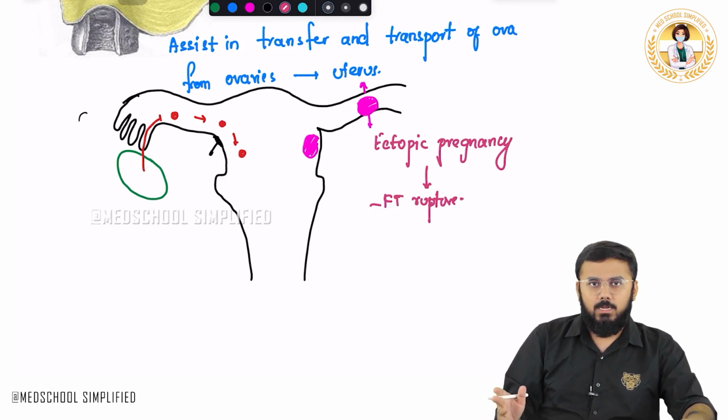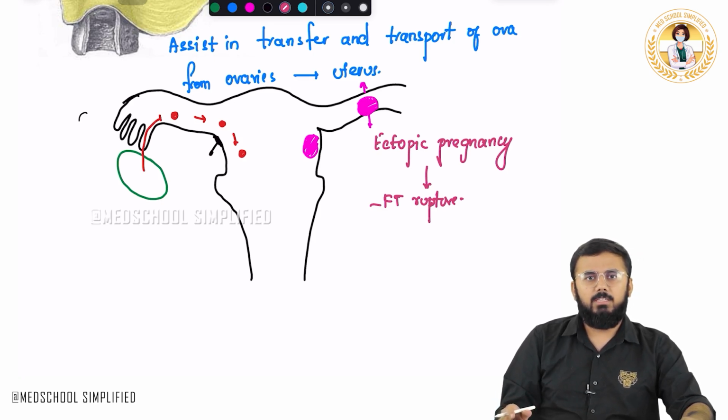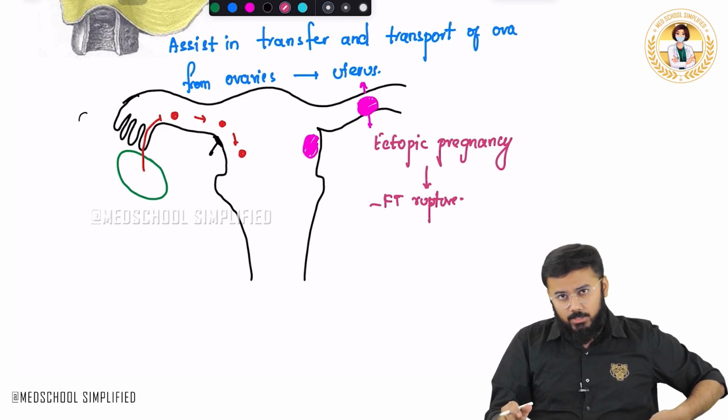On both sides babies can't develop, right? So if the patient is having ectopic pregnancy on the left side, she will complain of very severe left inguinal region pain. Okay, very severe pain in the left iliac fossa here.